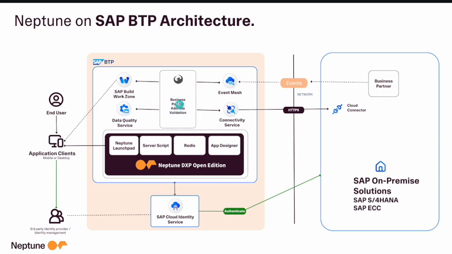After validation of the business partner, we can store the correct address back into SAP with an OData service. The application developed with Neptune can run inside the Neptune Launchpad or SAP Build Work Zone. In the demo, we will show the option with SAP Build Work Zone.